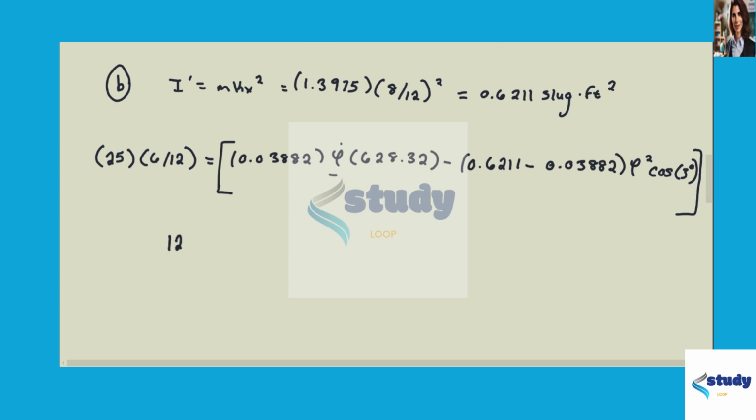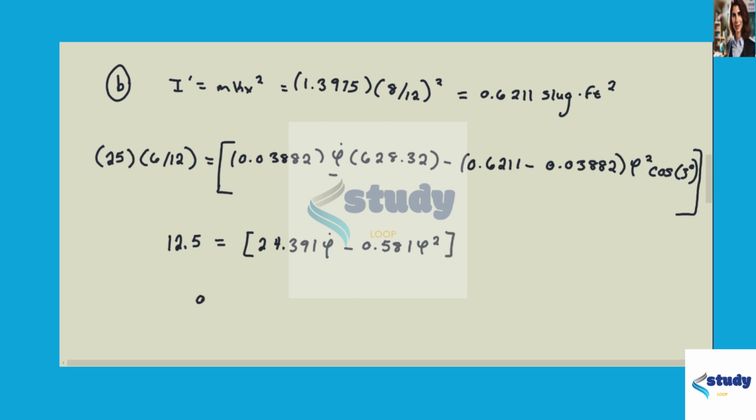And we're just going to simplify 12.5 equals 24.391 phi minus 0.581 phi squared.